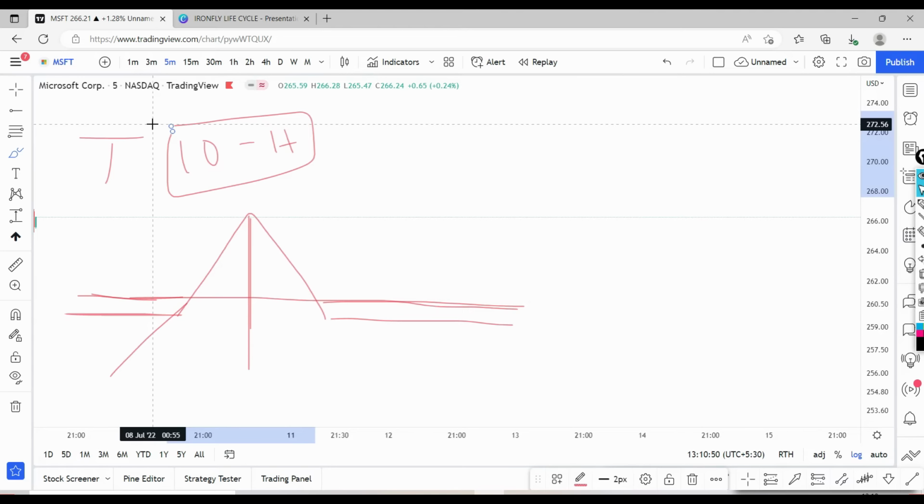But for all the new traders, because it's very easy for me to train a trader who has newly launched into the market. Honestly, I keep telling this to my friends. It's dead easy for me to train someone who is brand new to the market compared to someone who already has all the nonsense filled up in his mind.